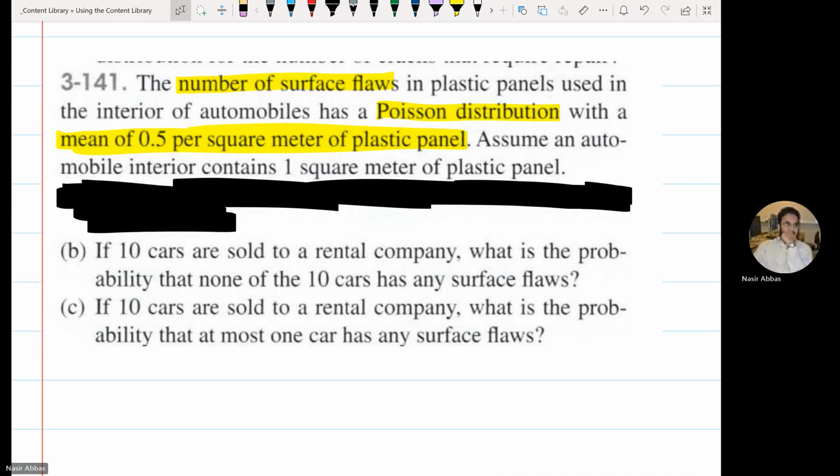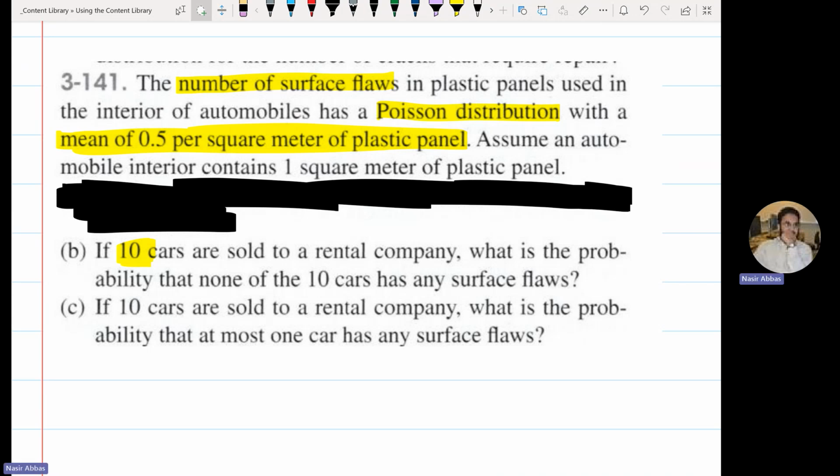You select 10 cars and you have to find the probability that all of these 10 cars have no flaw on them. What is the question? What is the variable? Where is the interest? If 0.5 is lambda, then what is this 10?